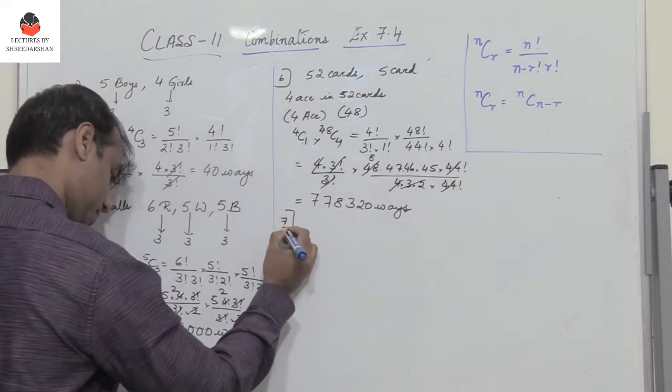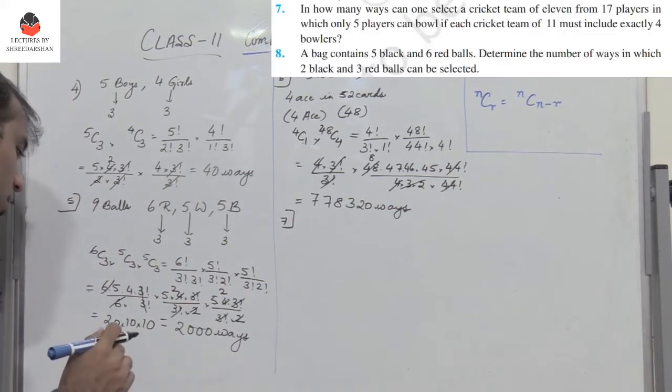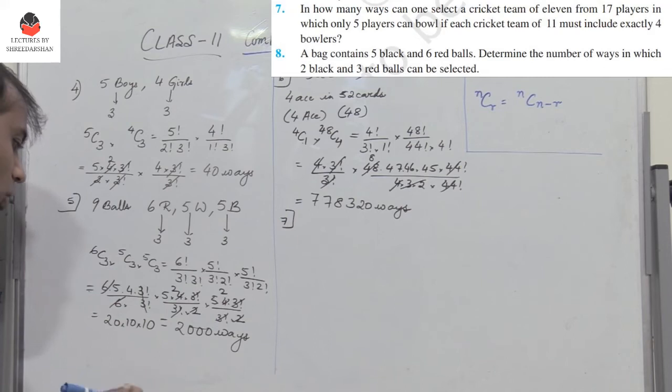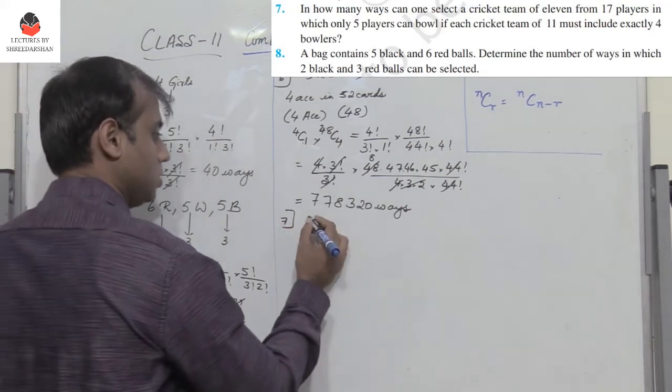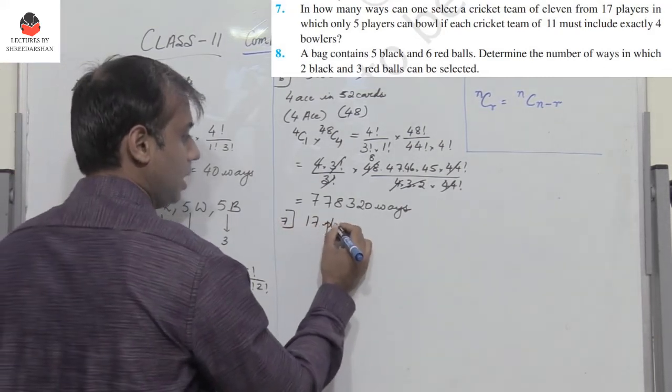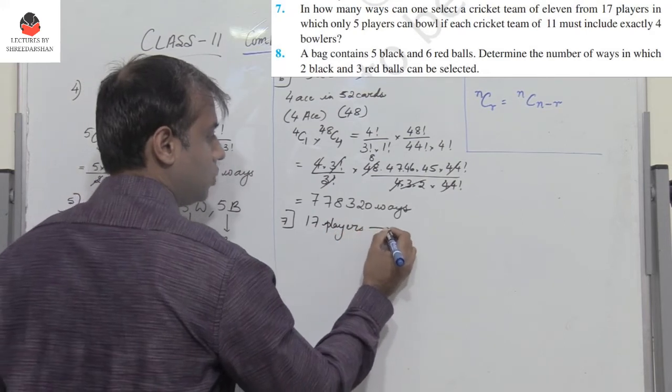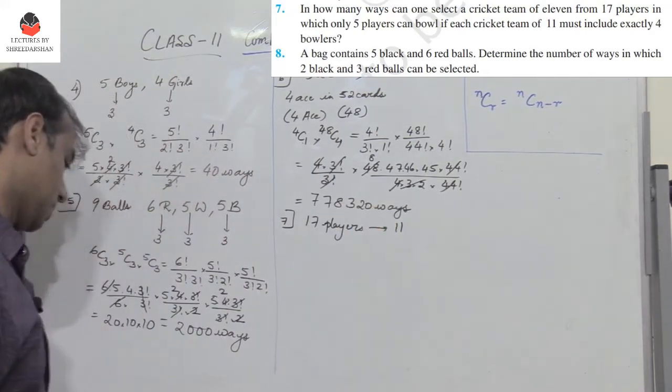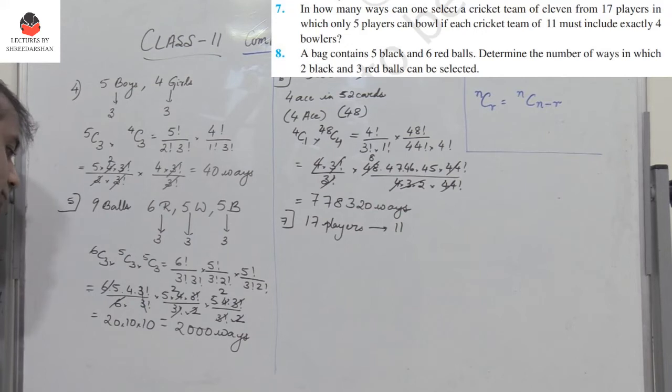Problem 7. In how many ways can one select a cricket team of 11 from 17 players? So from 17 players, we have to select 11, in which only 5 players can bowl, if the cricket team of 11 must include exactly 4 bowlers.